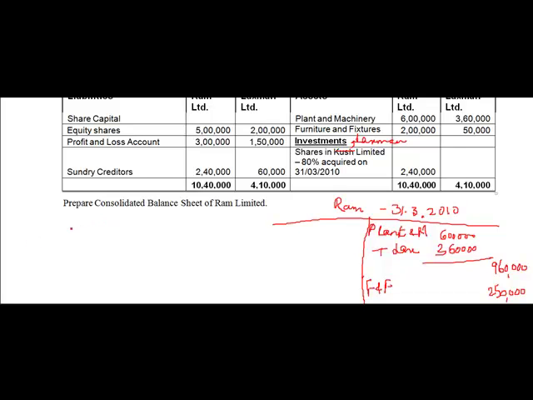So the third one is my investments. So I'm getting 80% of shares which I acquired in Kush Limited for 2,40,000. And what is the share capital of Lakshman Limited? It is 2 lakh. So I need to compute my goodwill or capital reserve, which is normally referred to as cost of control.